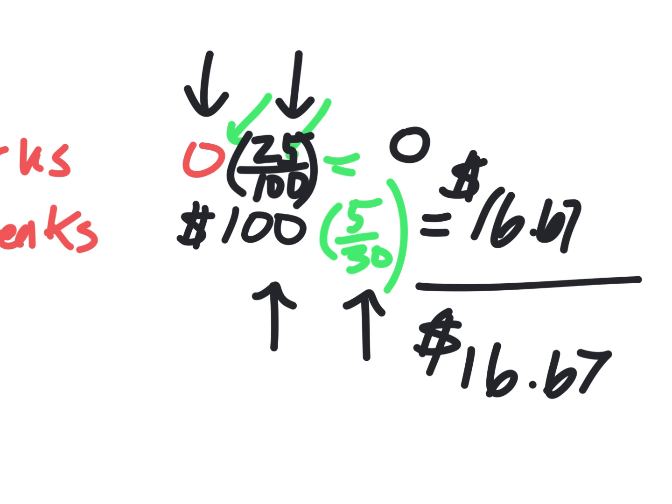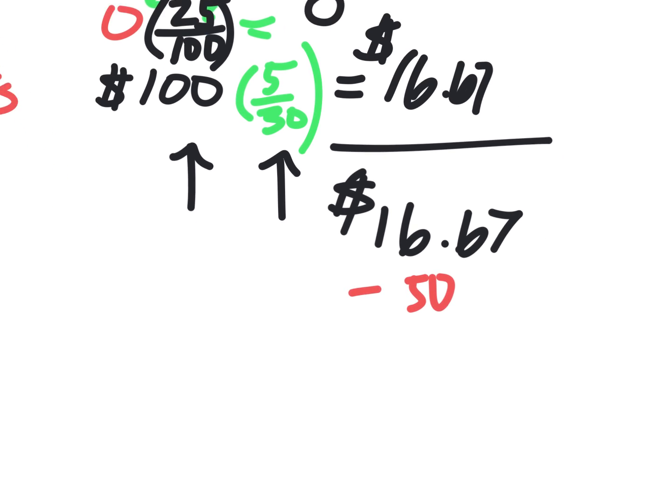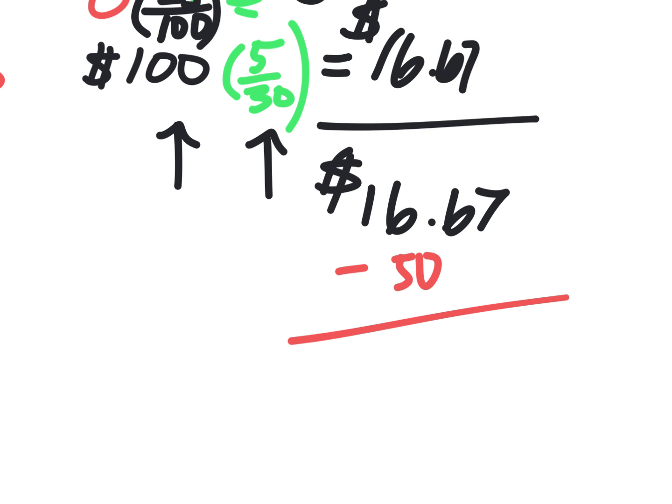But you pay 50. You've got to subtract that off. What is 16.67 minus 50? That's your expected value.